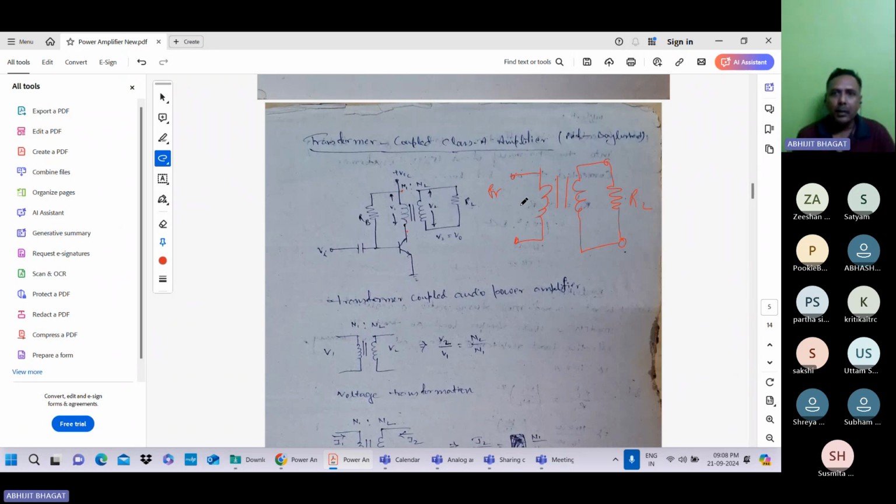Now, across the primary side the voltage is V1, and across the secondary side the voltage of the transformer is, suppose, V2. Your V2 is equal to V0 here, and V1 is the voltage at the primary coil terminal. Circuit is clear? The rest is all the same as the series fed amplifier.